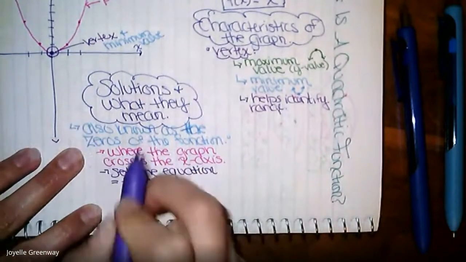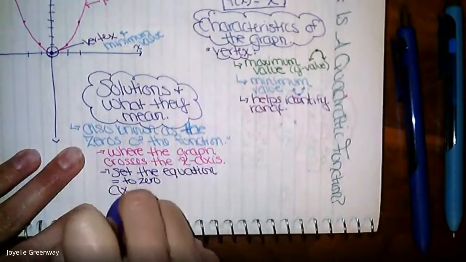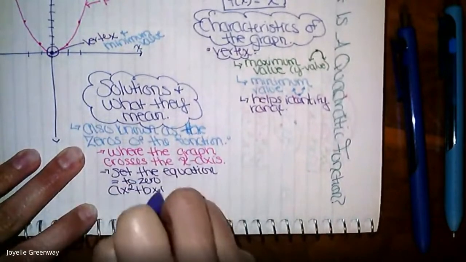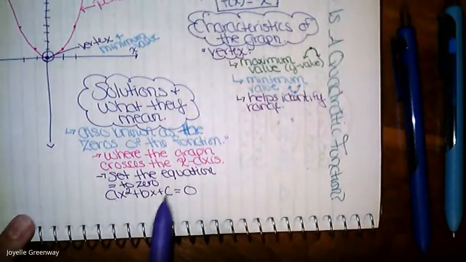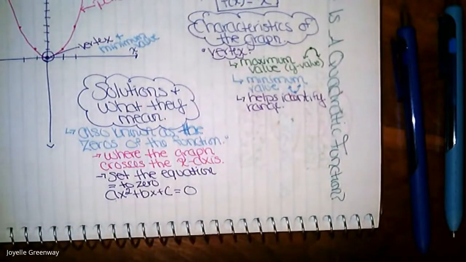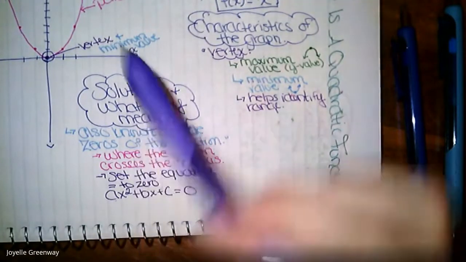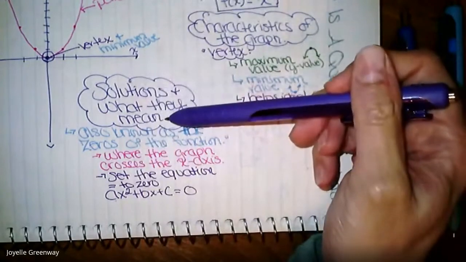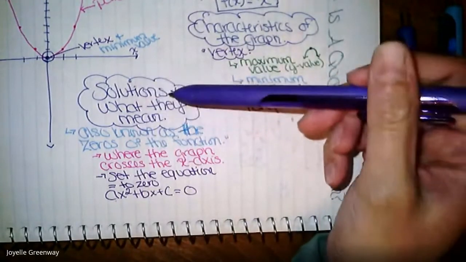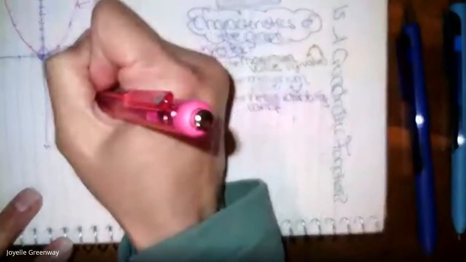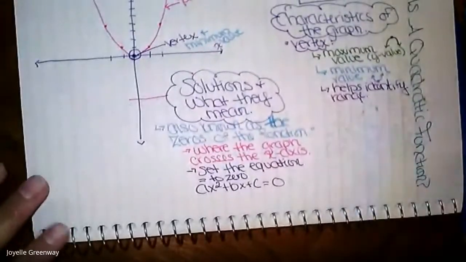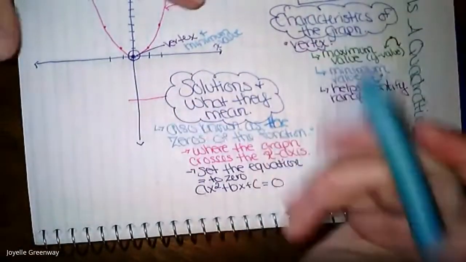So you'd have your ax squared plus bx plus c equals 0. And these would be numbers. And then we learn how to solve that. Okay? So we talked about what the solutions mean. Let's talk about how many solutions. So kind of like a little bubble off of this has its own little cloud. How many solutions?